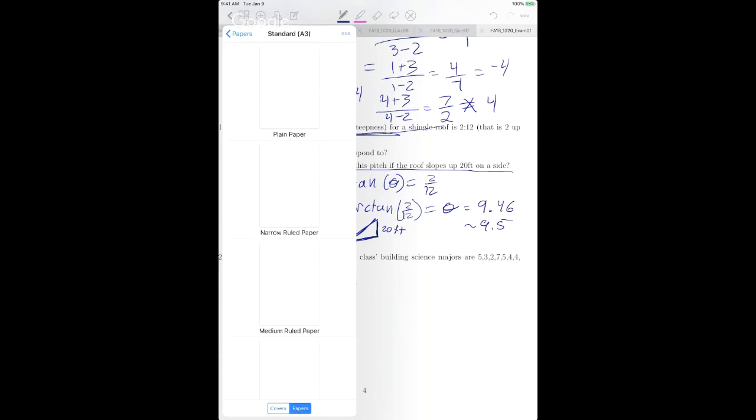9.46, let's remember that number. So if we drew our house like this, this angle is 9.46. And so that angle would be 9.46. All right. So here's our question mark. And the length of the house, say L, is going to be 2 question marks long, right? Okay. So how do I find the question mark?